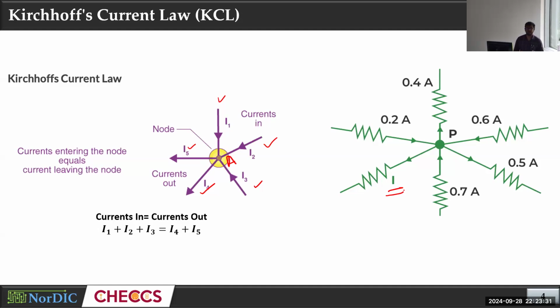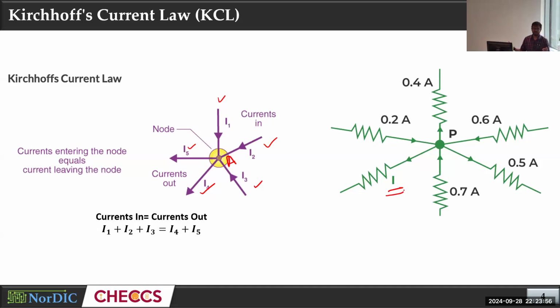Why did you use this resistor symbol? So here we know the value of all the currents. That's why, because we are using Kirchhoff's current law. If we don't know the value of currents, then we will use the value of resistors and other things. In your circuit, you will have some elements, right? The resistor is one of the elements.